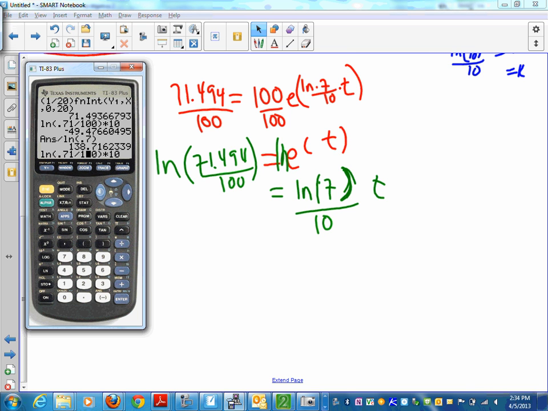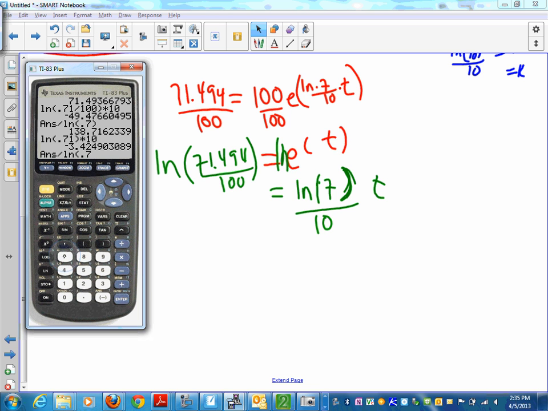I'll move the decimal twice right here. That's where we made our mistake. Okay, so we have the natural log of 0.71 times 10. Now we're going to divide that by natural log of 0.7.